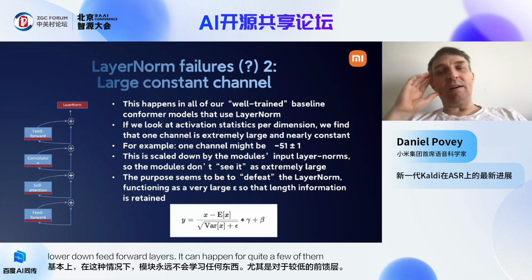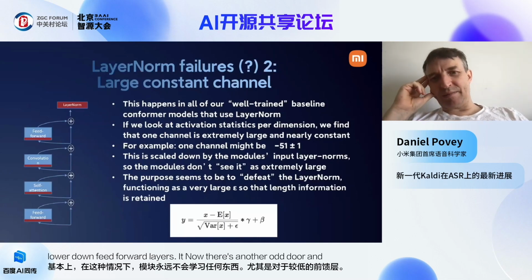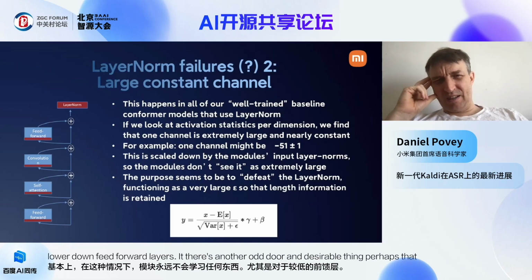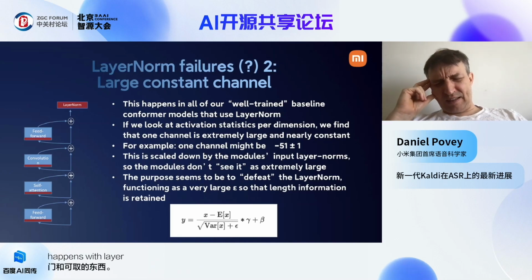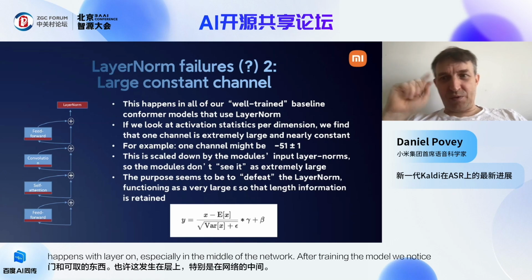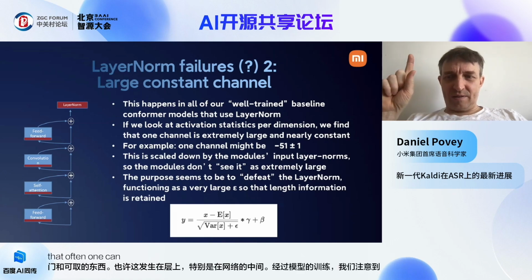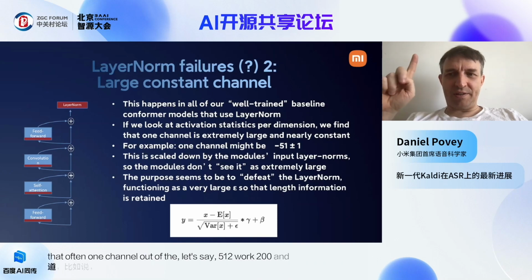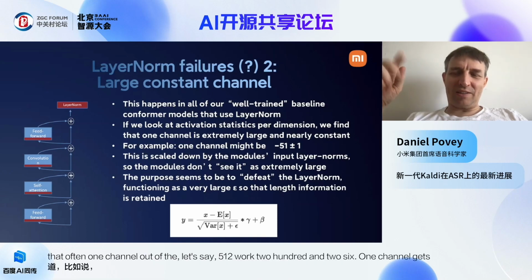Now, there's another odd or undesirable thing, perhaps, that happens with LayerNorm, especially in the middle of the network. After training the model, we notice that often one channel out of, let's say, 512 or 256, gets very large and constant.